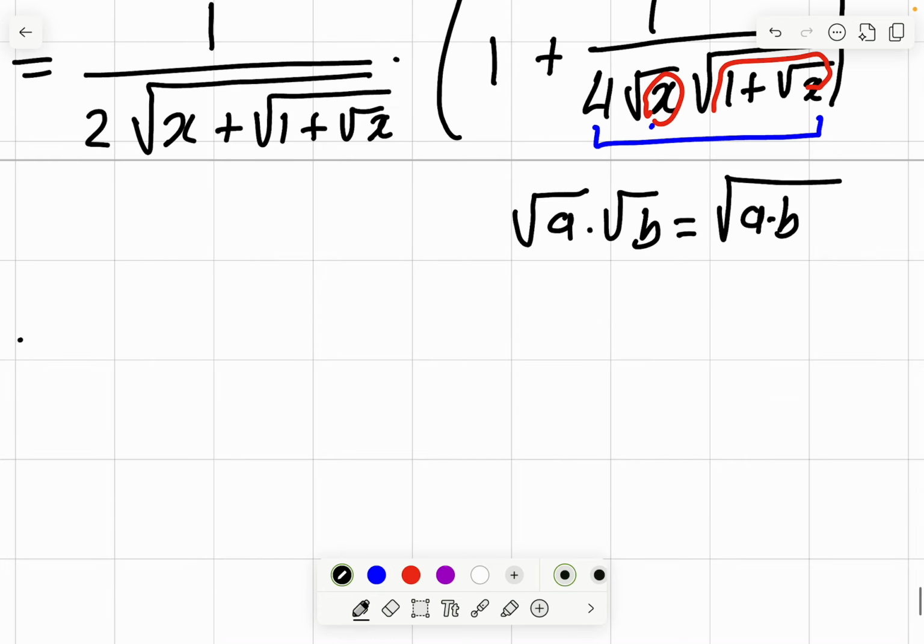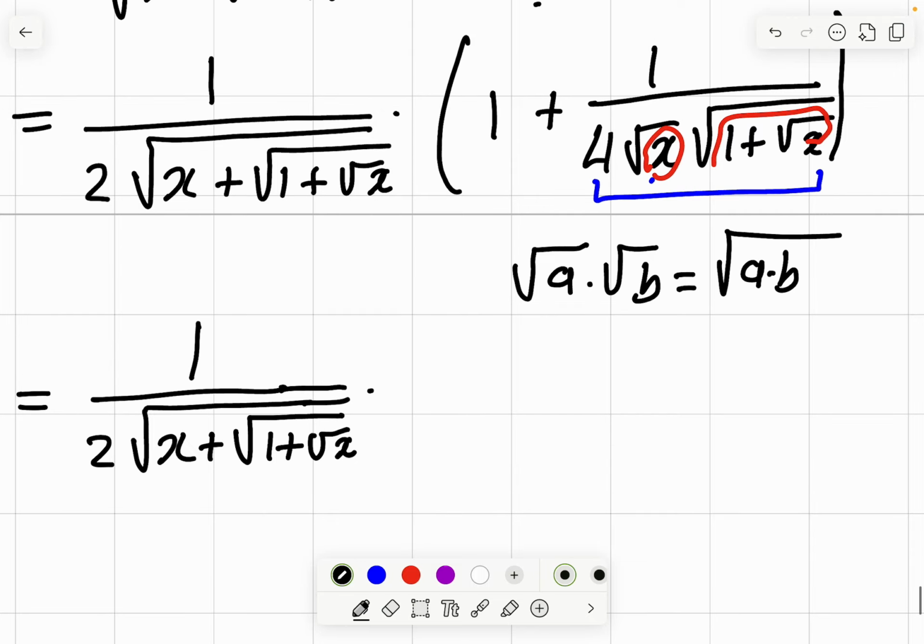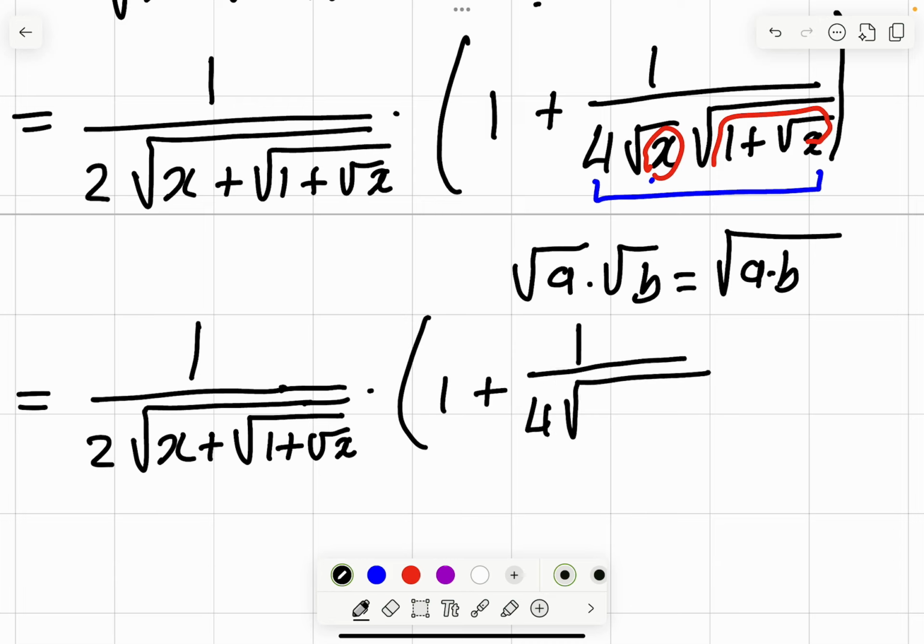I'm going to have 1 over 2 square root of x plus 1 plus root x, multiplied by 1 plus 1 over 4 square root of x multiplied by 1 plus root x.